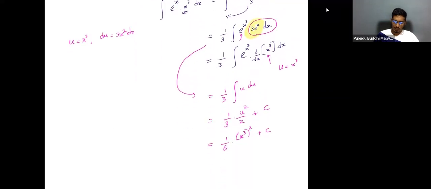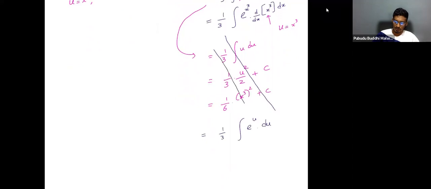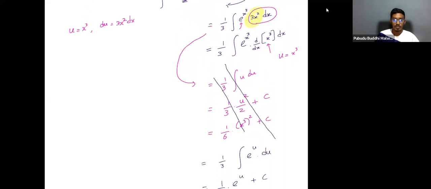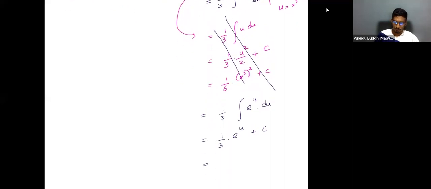Sorry, I think this is not correct. That's exponential u, because we replace x to the power of 3. 1 over 3 exponential u du. That's exponential u again, because that is the antiderivative of exponential u. Then replace u by x to the power of 3: 1 over 3 exponential x to the power of 3 plus c.